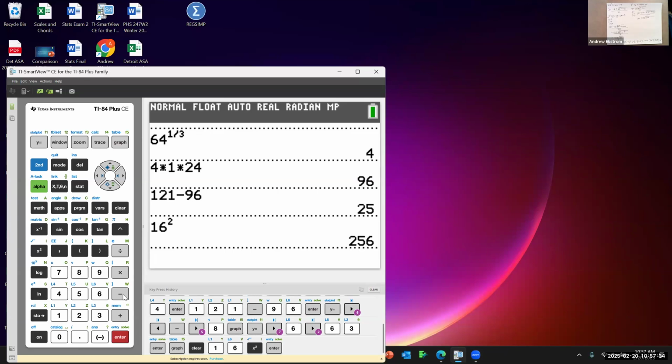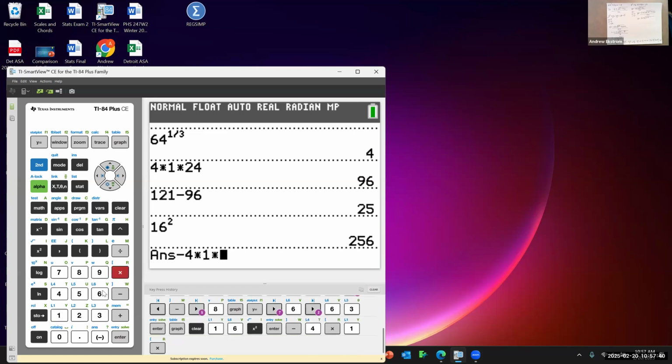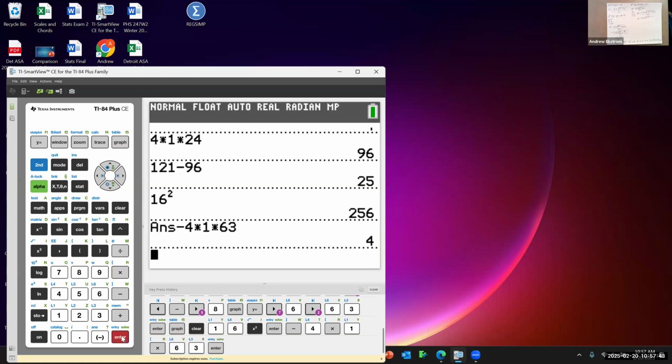Based on what I have here, I can actually come up here and say minus 4 times a times c. So this looks like it's about 252. We're going to end up with 16 plus and minus the square root of 4, divided by 2.